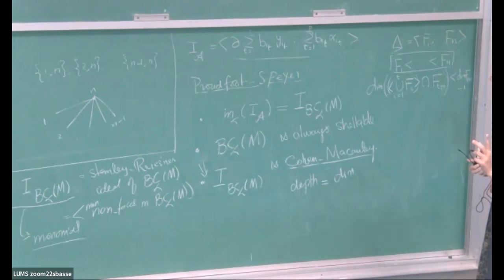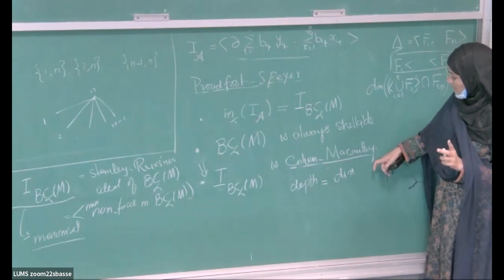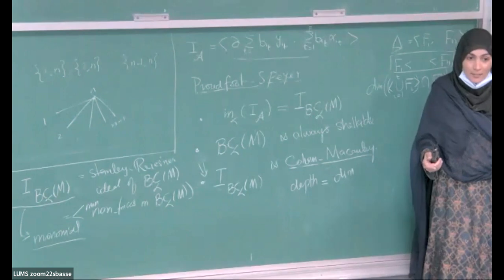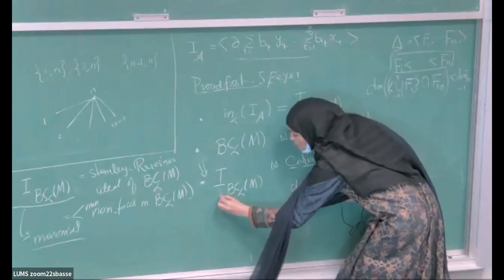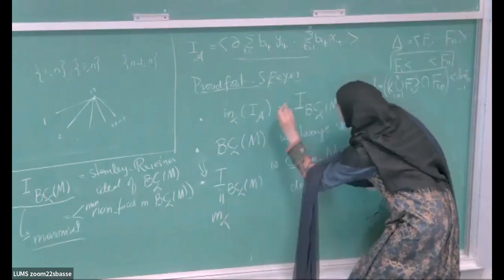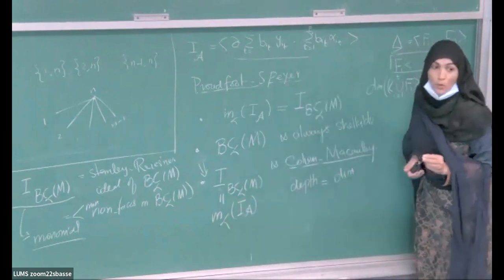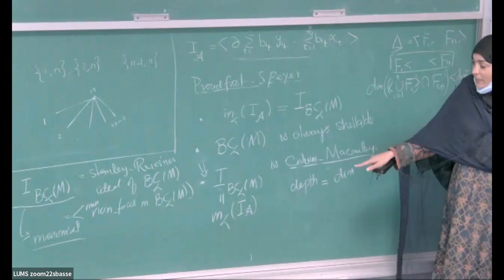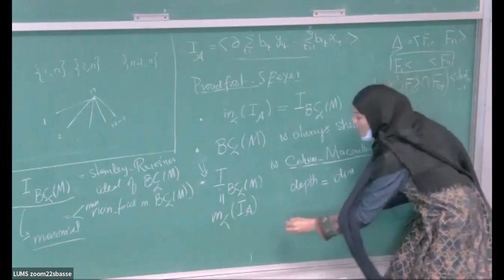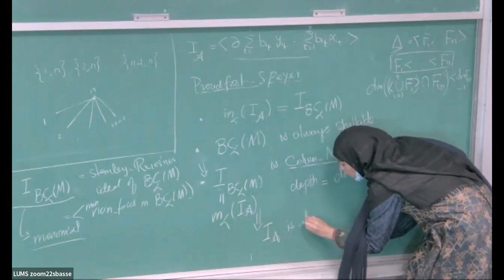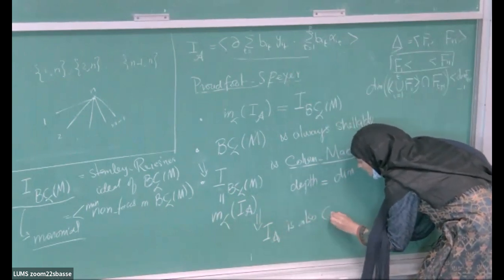Okay. Another result which I will use from commutative algebra is this: if your ideal is the initial ideal, which is nothing but the initial ideal of our Orlik-Terao ideal, and it is Cohen-Macaulay, then the Orlik-Terao ideal is also Cohen-Macaulay.